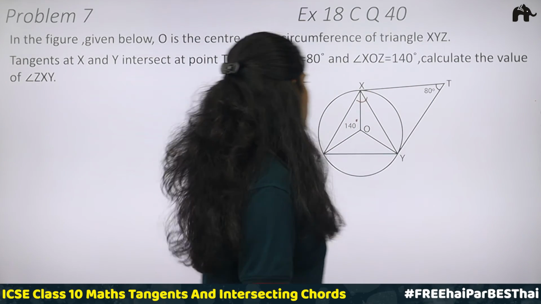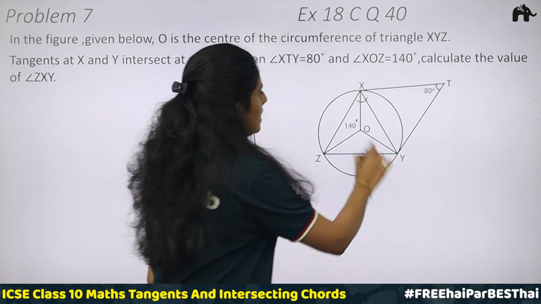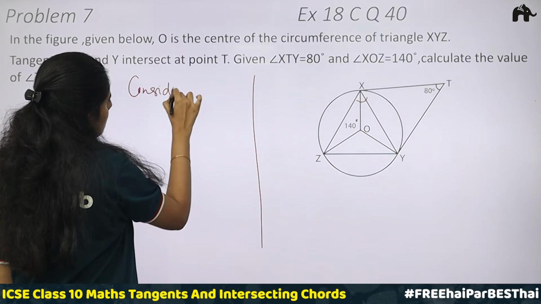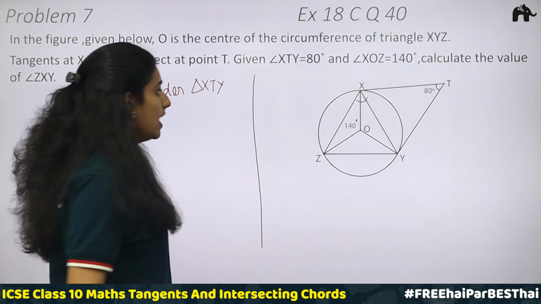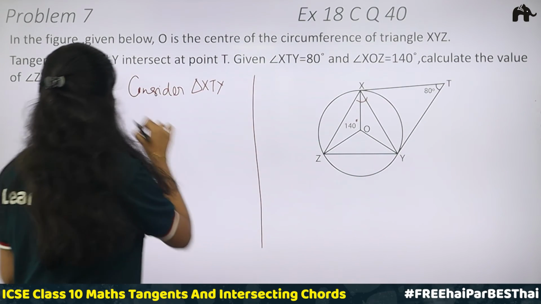How to find ZXY? Consider triangle XTY. In triangle XTY, XT will be equal to YT. What is the reason?